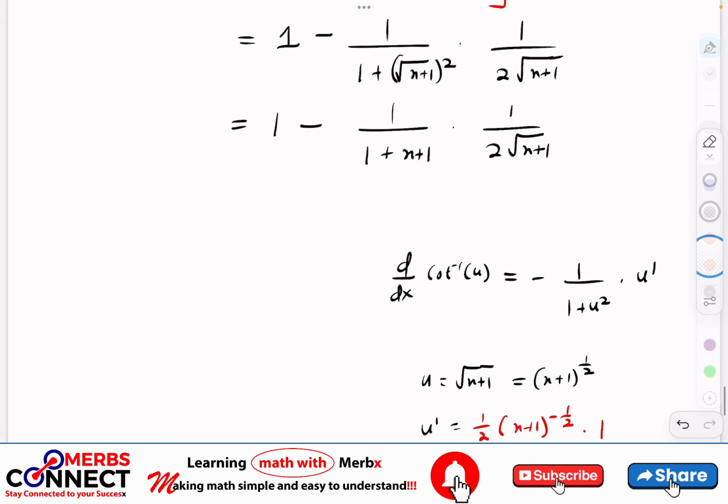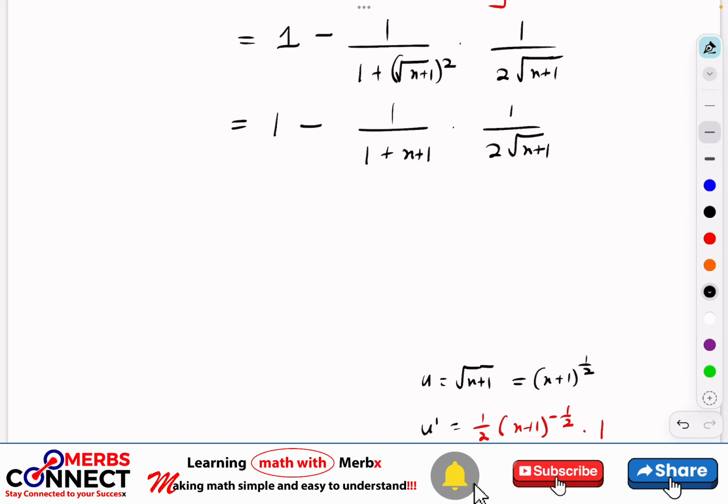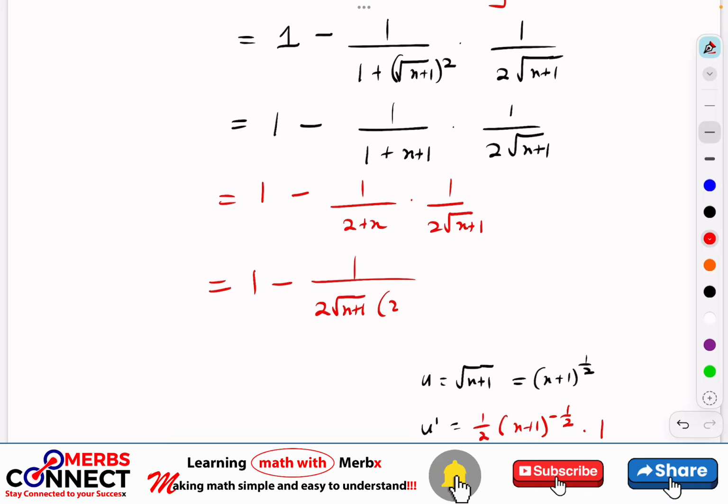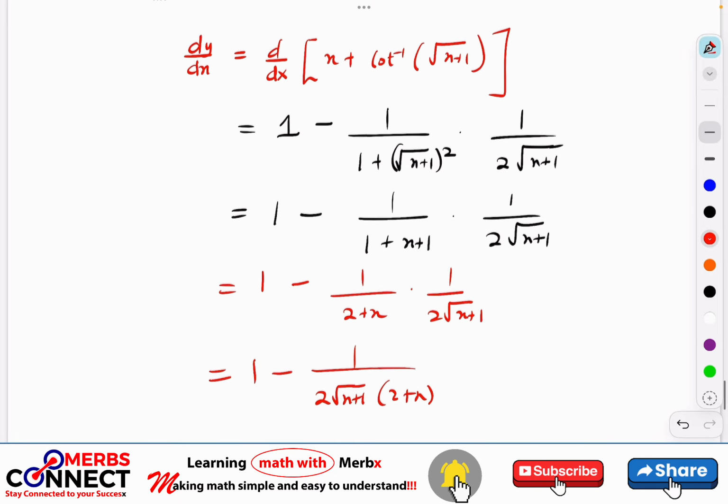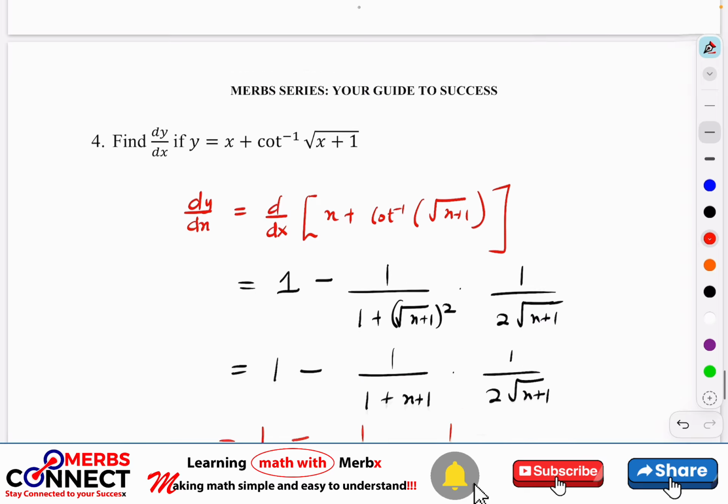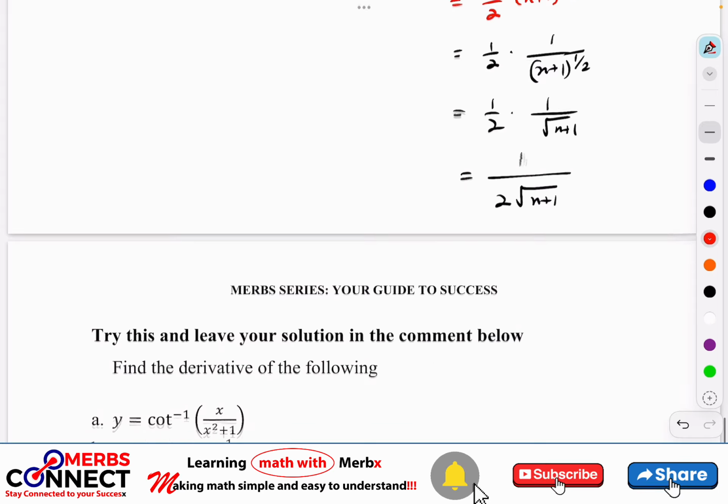And finally, if I want to do more simplification here, I have 1 minus 1 divided by 2 plus x, times 1 divided by 2 square root of x plus 1, and 1 minus 1 divided by 2 square root of x plus 1 times 2 plus x. Nice. This is beautiful, right? So this is not difficult to do. So that is basically the idea here.